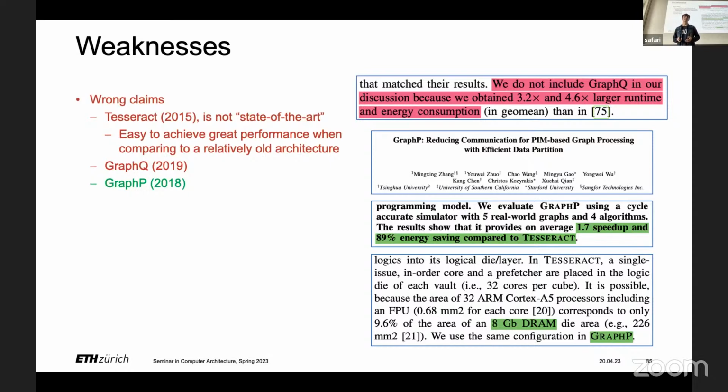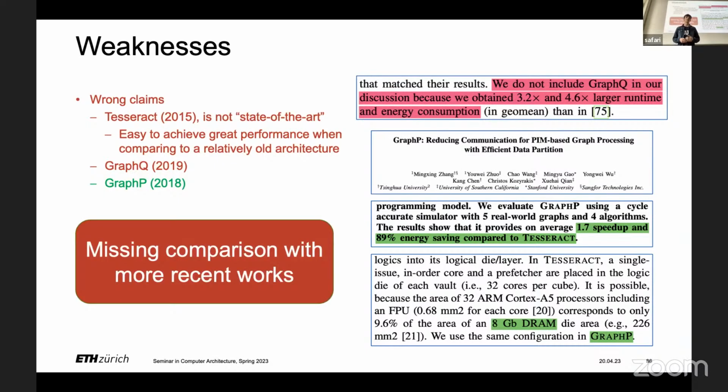But if they decided not to compare themselves with GraphQ, they could at least compare themselves with GraphP, that is a work from 2018. And this work already had speed up and energy saving compared to Tesseract by still using the DRAM technology and not SRAM technology. So there are missing comparisons with more recent works.